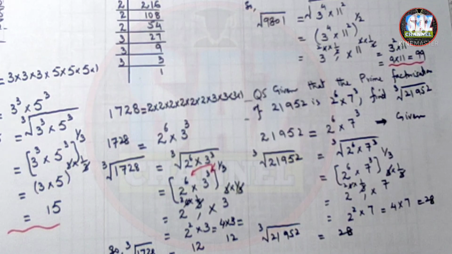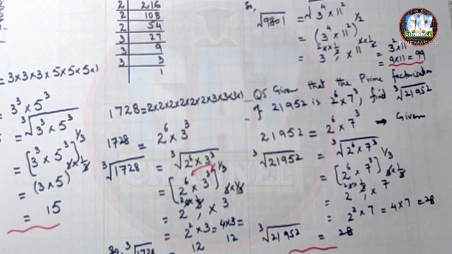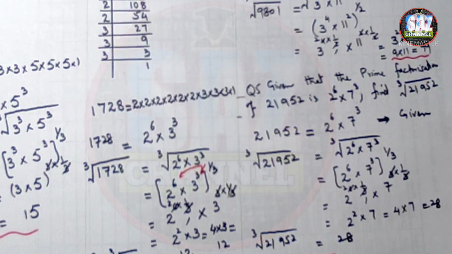Students, I hope you are really clear about today's class. In this class, we have learned how to find the cube roots of the given numbers with the help of prime factorization, and the focus was to observe, if the number is a perfect square or a perfect cube, the index of each prime factor carefully.